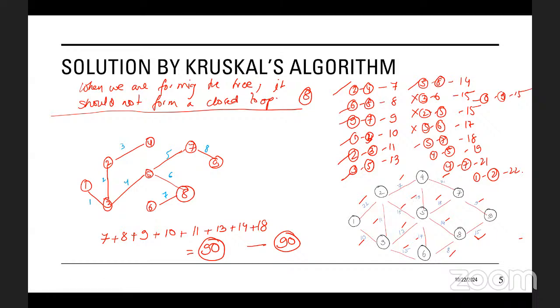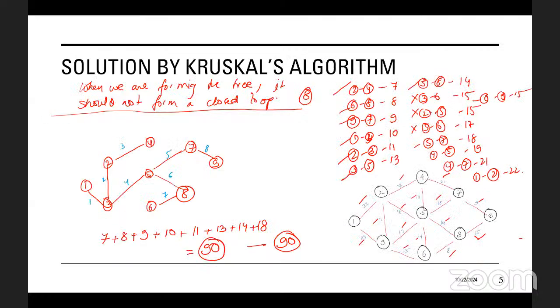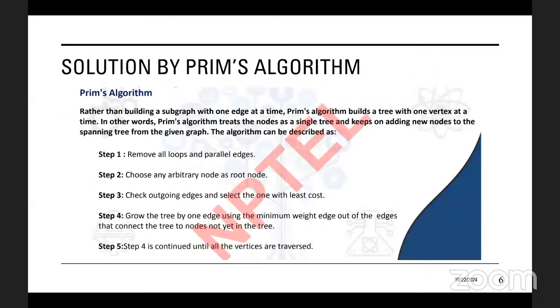Now, secondly, we'll go for the solution by Prim's algorithm. What is Prim's algorithm? Prim's algorithm says that we start off by choosing any one node as an arbitrary node. Then we check the outgoing edges of the nodes and select the one with the least cost.